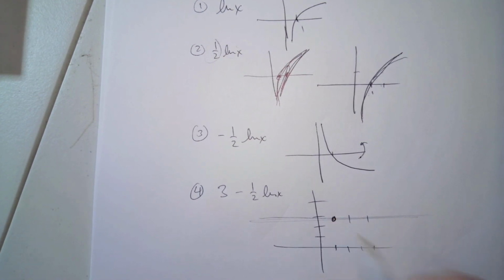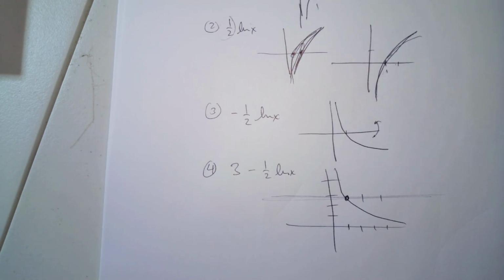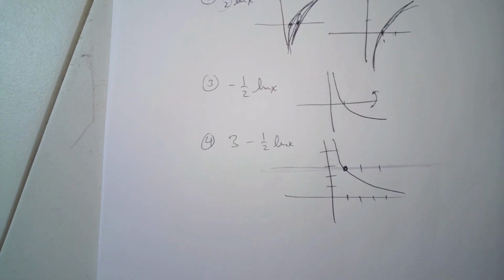It crosses at 1, and there's your graph. So those are the graphs and what it basically looks like. Again, to get more accurate, use your calculator. I'm pretty sure that's what they're going to want on the computer. But this is the basic shape of it. All right, good luck.